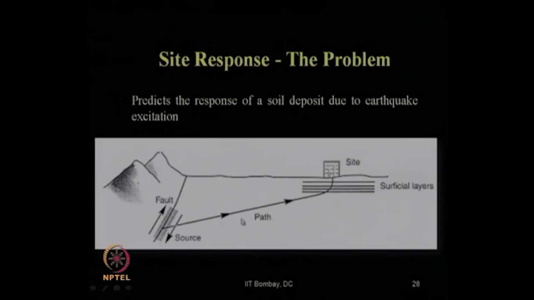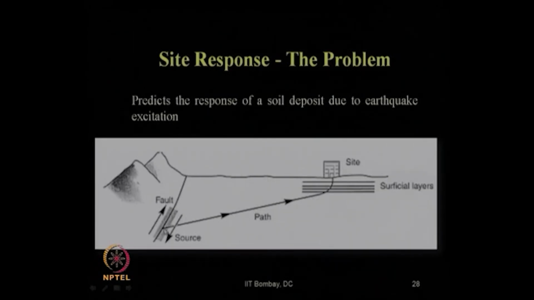Once the seismic waves travel, finally they reach the ground surface through the superficial layers close to the ground surface. That part, where we are going to construct any structure or building, or the site of our interest, is the region where we want to know the seismic effect occurring at a faraway or nearby place.